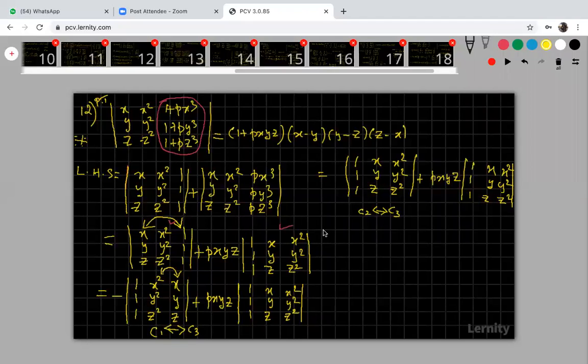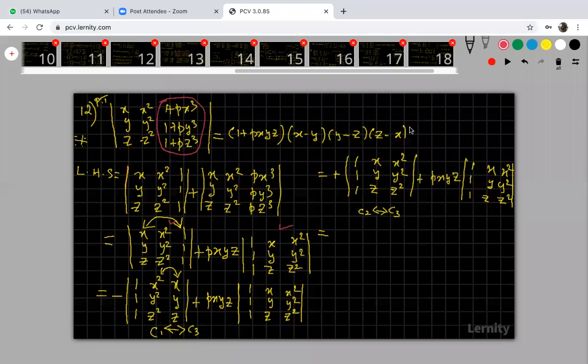Now look at that. I have already told that if you interchange any two columns, the sign of the determinant changes. Similarly here, one minus is already there, and interchanging C2 and C3 again gives another minus. Therefore minus into minus becomes plus.